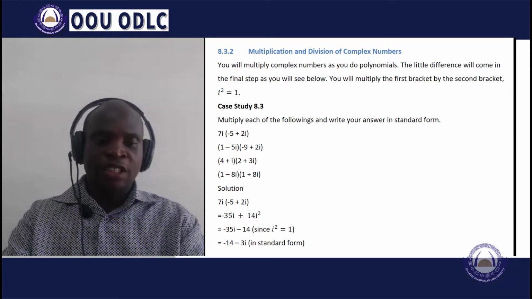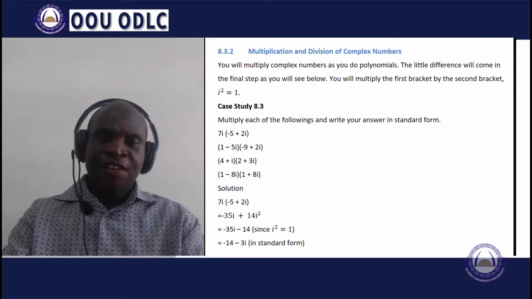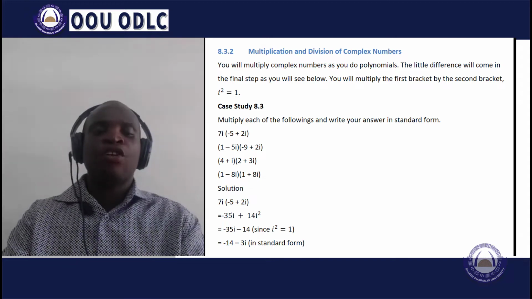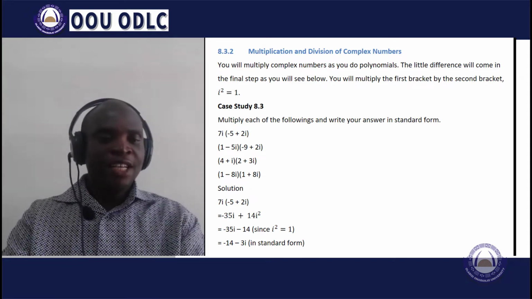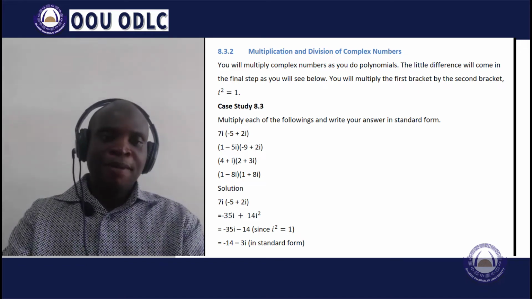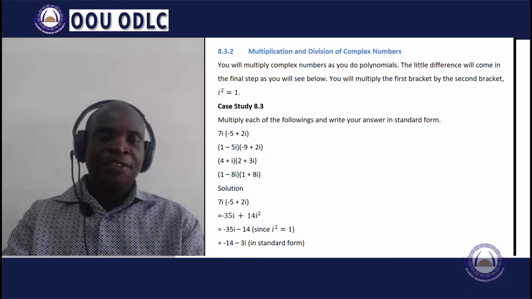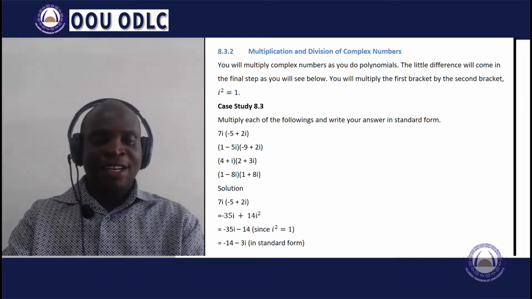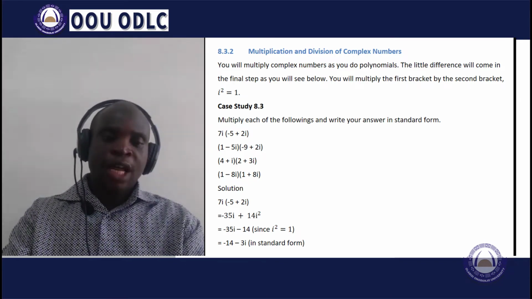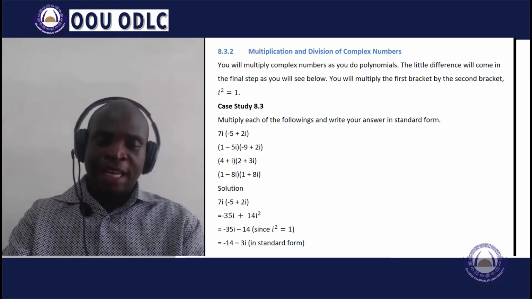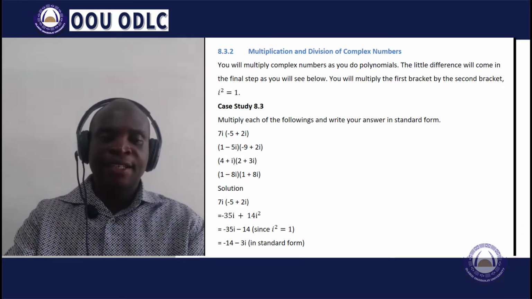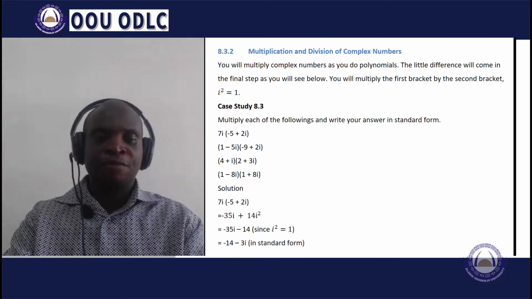Recall that i squared is equal to minus 1. So if i squared is equal to minus 1, based on the concept of the imaginary, we have minus 35i plus 14 into bracket minus 1, which will give us minus 35i minus 14.